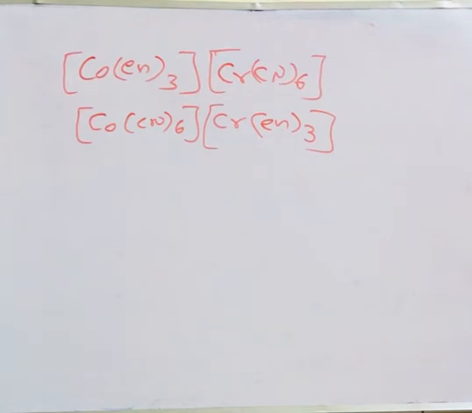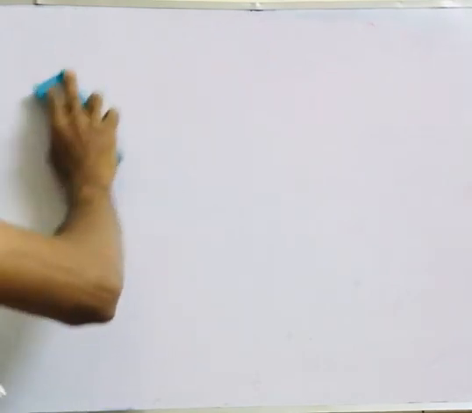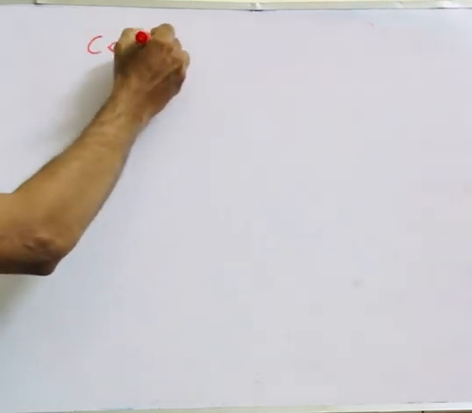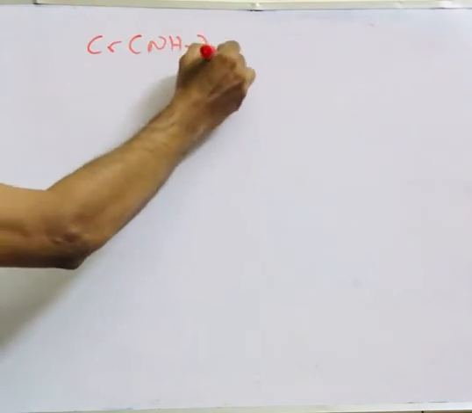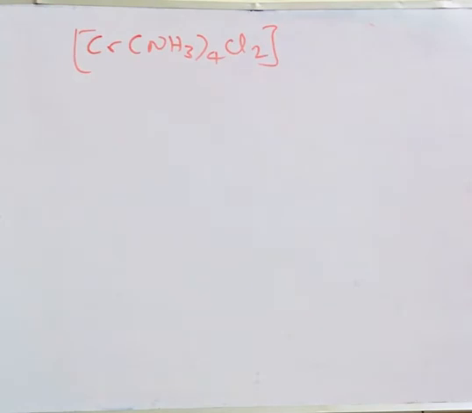Now we will write another isomerism. It is called geometrical isomerism. They differ in the geometry. We read about geometrical isomerism for alkenes. If I have differently substituted alkenes, then we can have cis and trans isomerism. Here also there is a compound, [Cr(NH3)4Cl2]+.